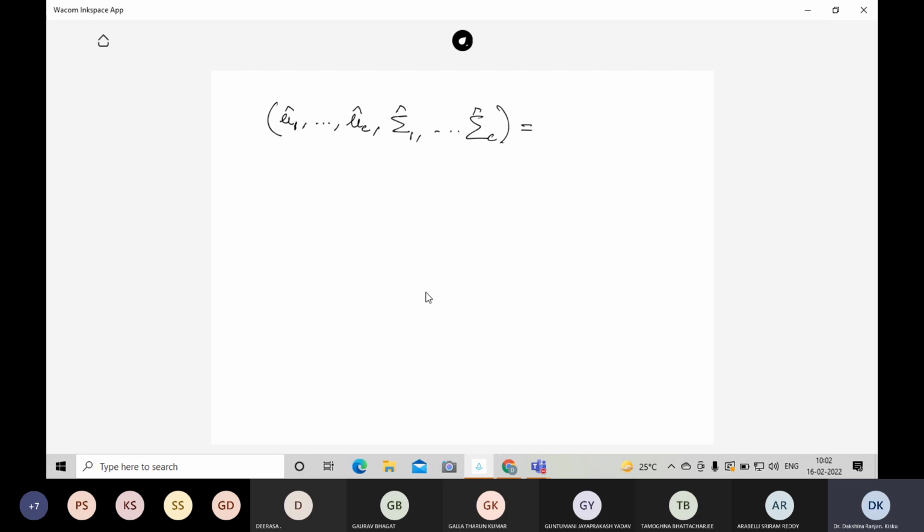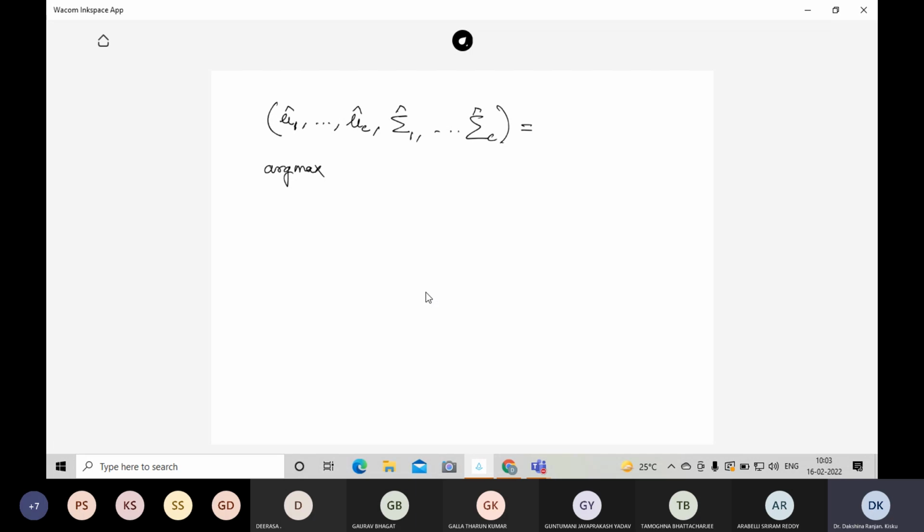So how will we represent this maximum likelihood? We know how to minimize a function and how to maximize a function. The same convention we will use in this case to get the maximum likelihood by maximizing this likelihood function.